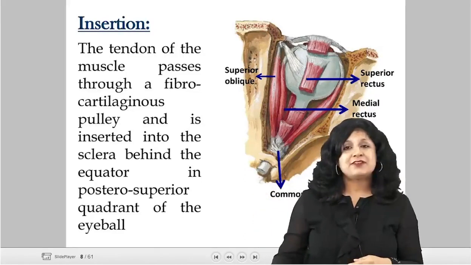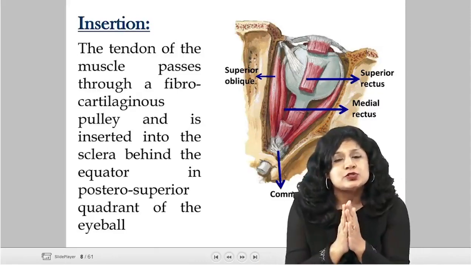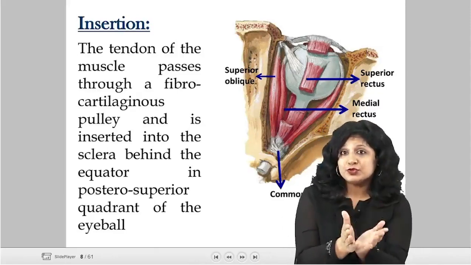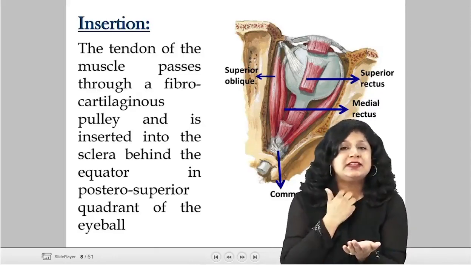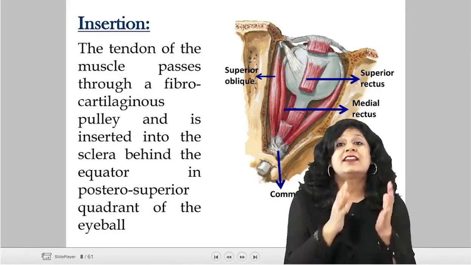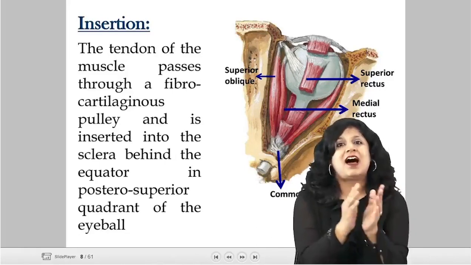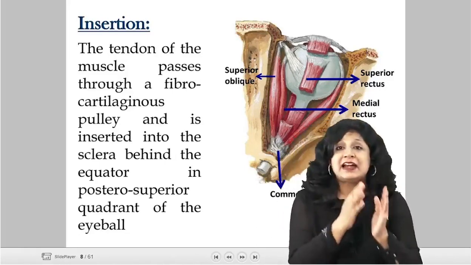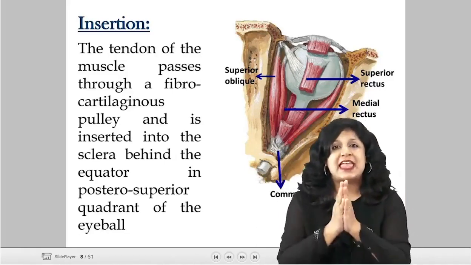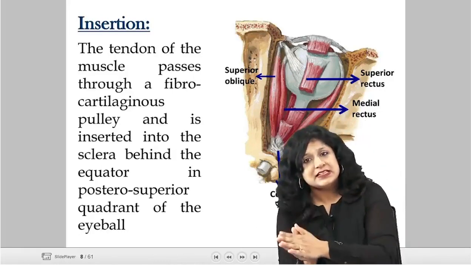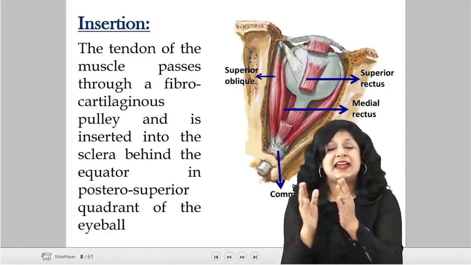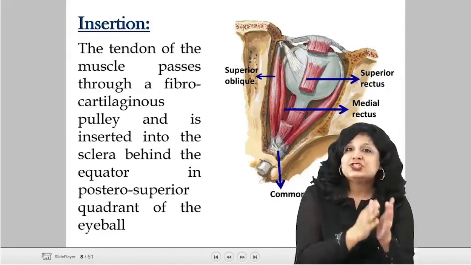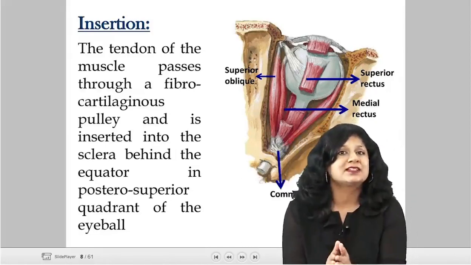I think this is a very, very important point, because most of the time there is a confusion that the rectus muscles are actually the adductors, and that is a fact. Rectus are adductors. That is the tertiary action of the rectus muscles, while the tertiary action of the oblique muscle is abduction.